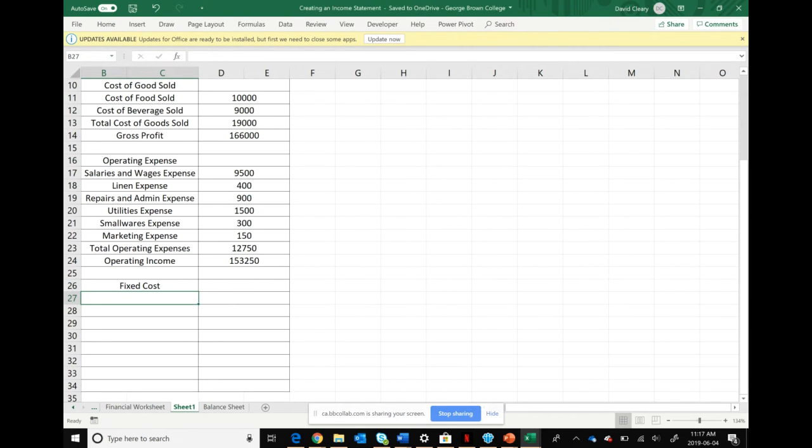So first, depreciation, then our rent expense, and interest expense. We can total it up as total fixed cost.